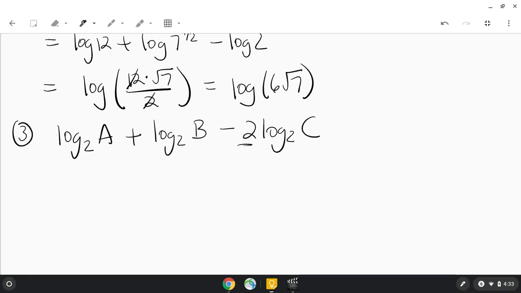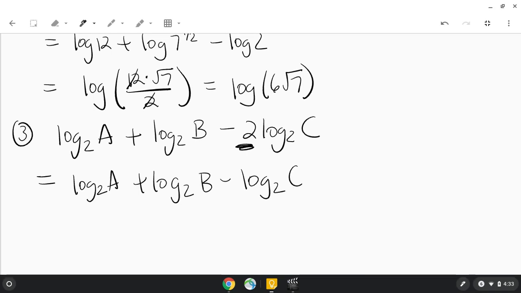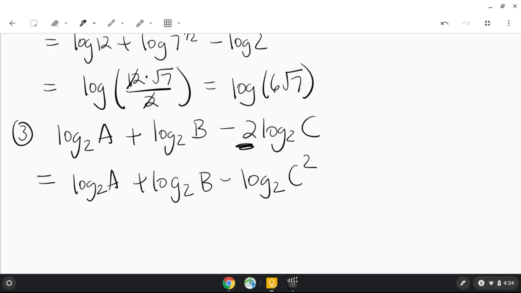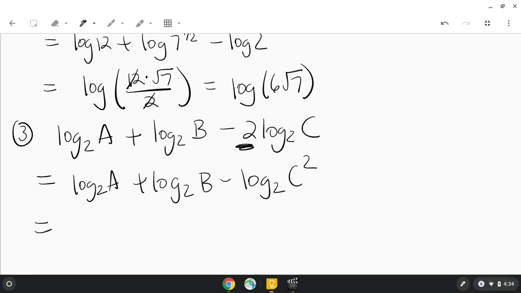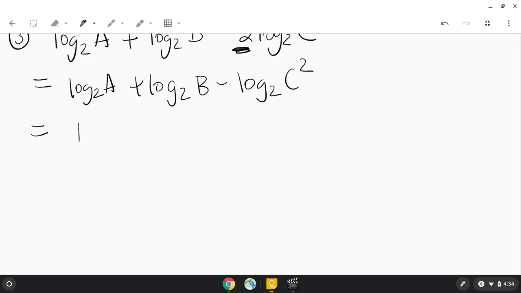Right here, third one has a 2. So let's go ahead and bring that back up to the exponent position. So C squared. All right, now that we've taken care of the front numbers, now we can go ahead and condense. And we want to rewrite this using only one log.